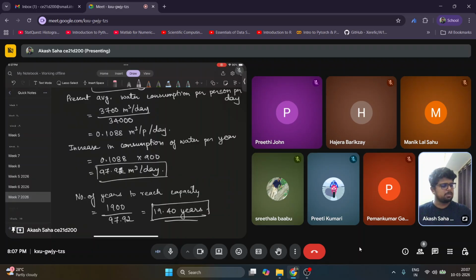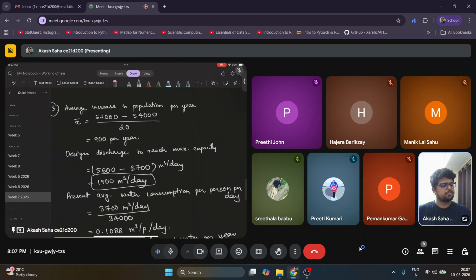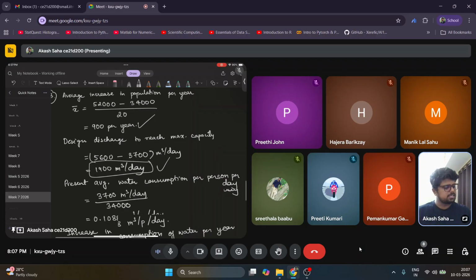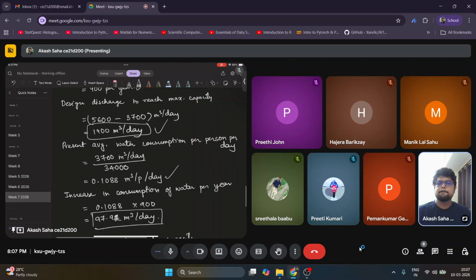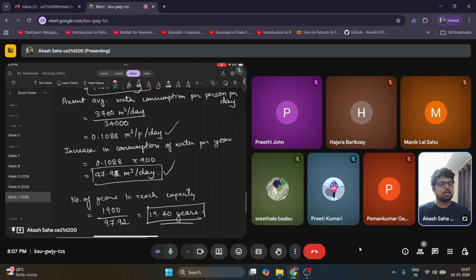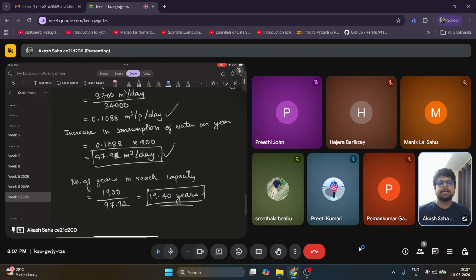This is very simple. Just find out how much population is increasing per year, how much increase we can afford till we reach the design capacity, and what the per day per person requirement is. For 1 year, see how much will be required, then just divide the difference by the per year consumption. So 19.4 years.